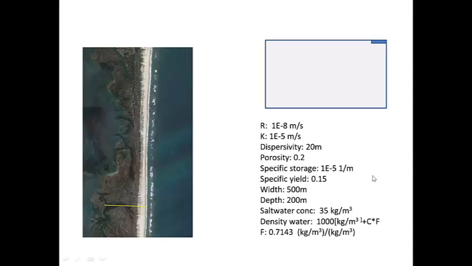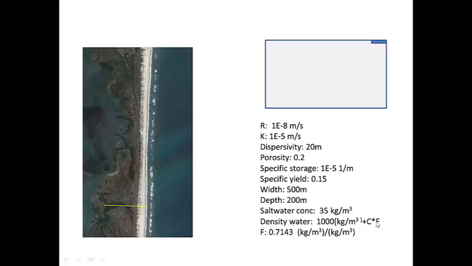So we'll assume that the saltwater concentration is 35 kilograms of salt per cubic meter, and the density of water is going to be a function of the concentration. So it'll be expressed with this linear function. The concentration is C, and that term is given down here.